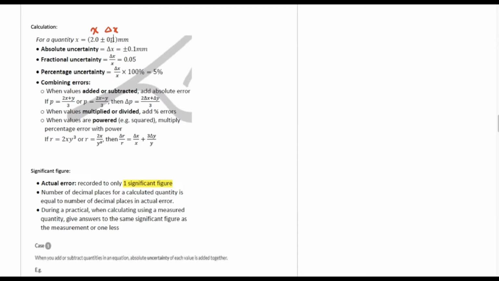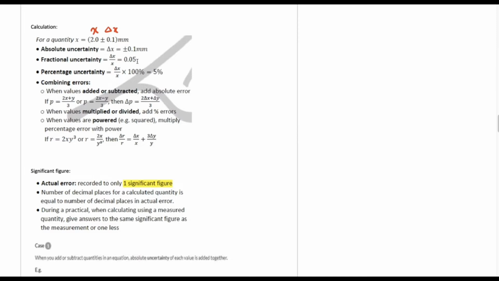From here, you can find out the fractional uncertainty. To find the fractional uncertainty, we take delta x, 0.1, divided by x, which is 2. 0.1 divided by 2, then you get 0.05.